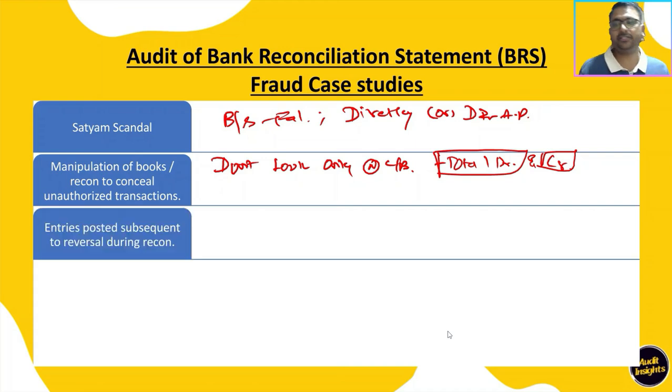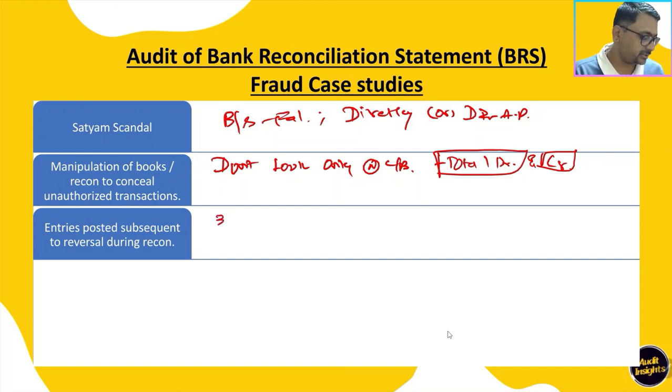The next way in which a fraud can be done, which we already briefly discussed, is entries posted and subsequently reversed. Let me explain this a bit more.